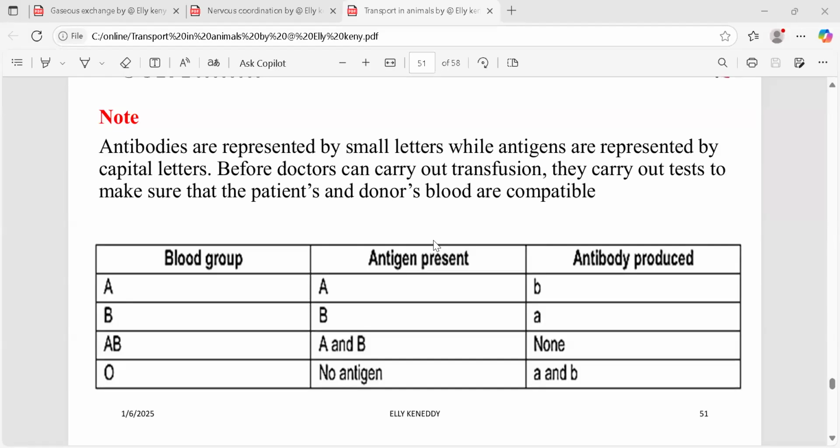Whether someone comes putting on blue, they'll allow. Someone comes putting on red, they'll allow. But for O, these ones don't put on any uniform. So we would simply take it like that. But the main thing to note here is the antigen, because the antigen is just like a cell marker or identifier. That's why I use the uniform.